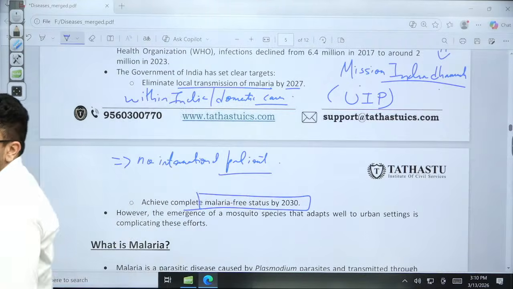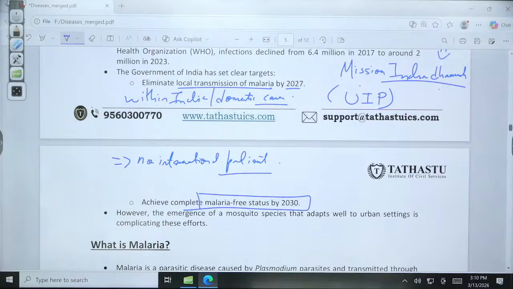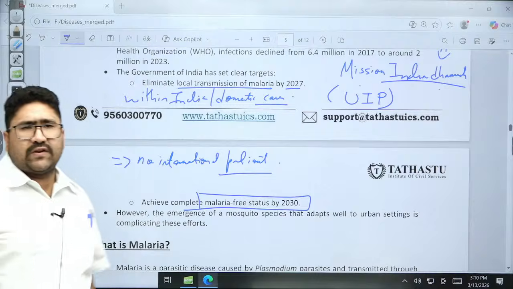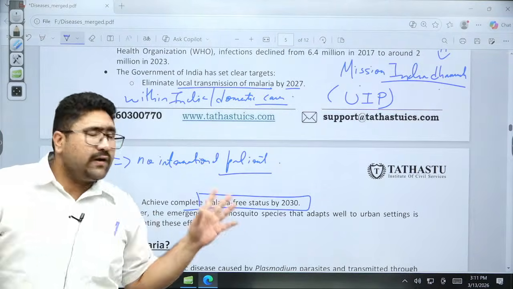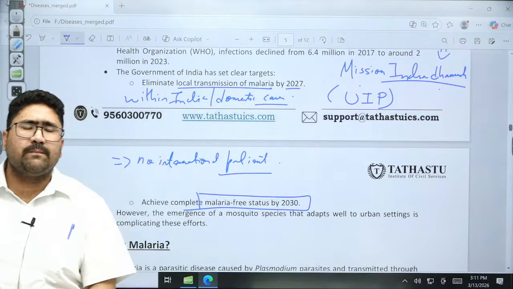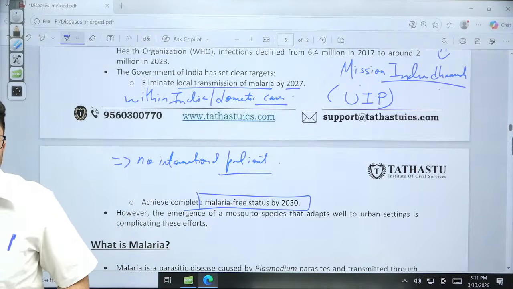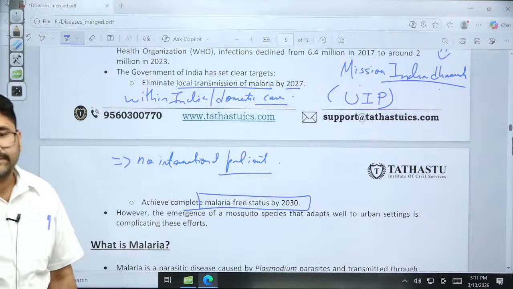So Indians should not be able to catch malarial disease from foreigners also, and locally also there should be no one who is alive with malarial infection. So, local malarial elimination by 2027 and complete India nationwide by 2030.